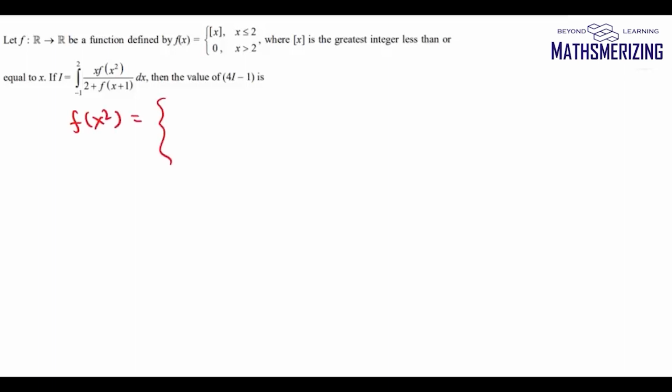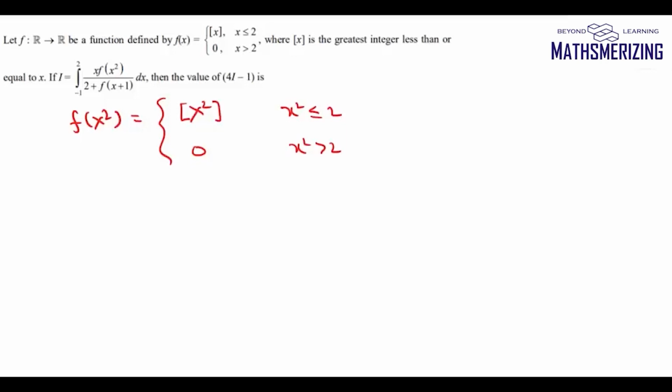If I put x² in place of x, I'll get the greatest integer function of x² when x² is less than or equal to 2, and 0 when x² is greater than 2.